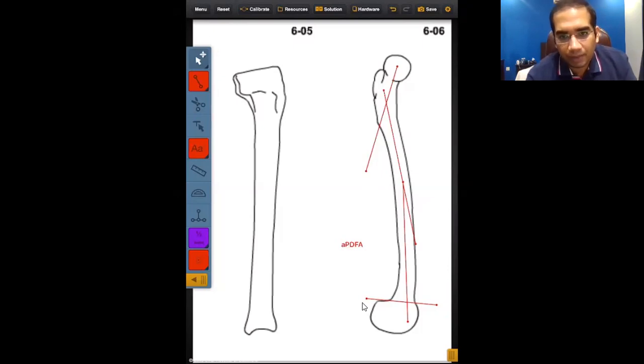All you need to remember while planning the sagittal plane is to keep an eye on: number 1, the neck shaft angle; number 2, the mid-diaphyseal angle; number 3, the posterior distal femoral angle; number 4, the posterior proximal tibial angle; and number 5, the anterior distal tibial angle. I hope I'm clear by now.